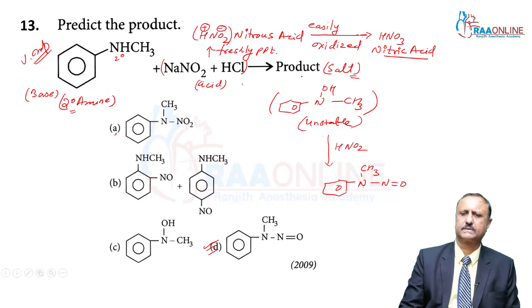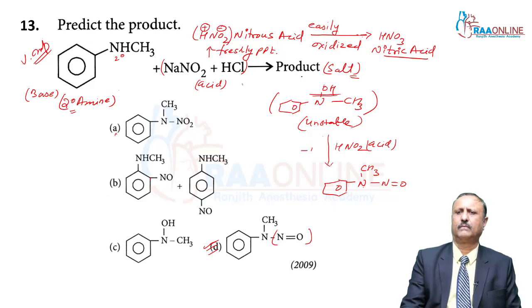This further reacts with the acid, and the OH group is removed with H plus ions, evolving water molecules and forming NCH3NO.